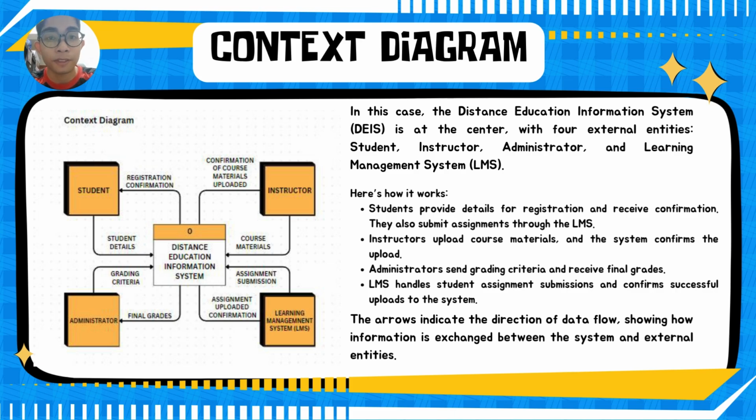Now let's go to the context diagram. The Distance Education Information System, or DEIS, is at the center with 4 external entities: student, instructor, administrator, and the learning management system, or LMS. Students provide details for registration and receive confirmation, and they also submit assignments through the LMS.